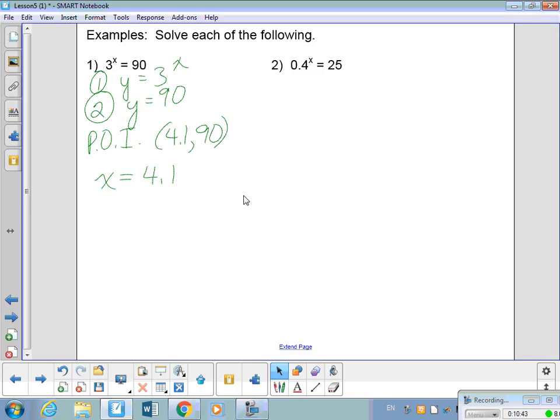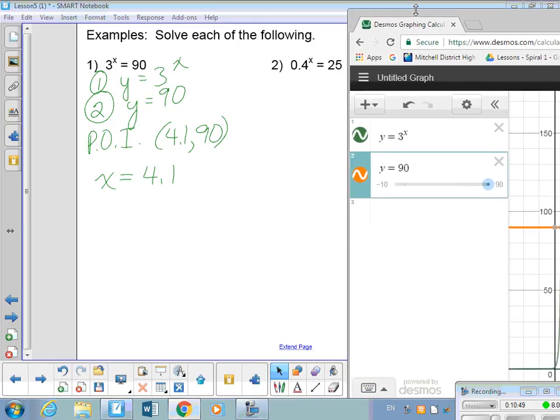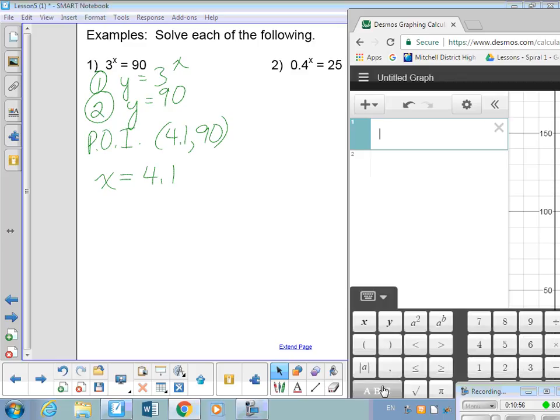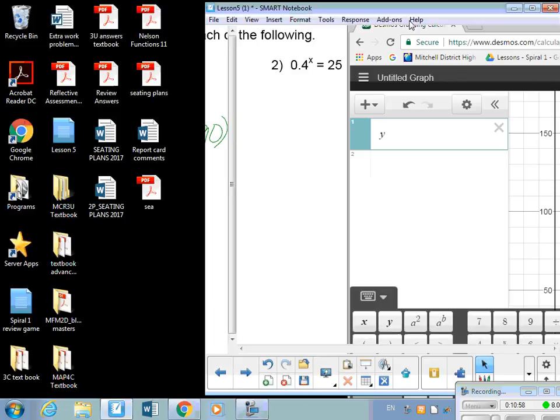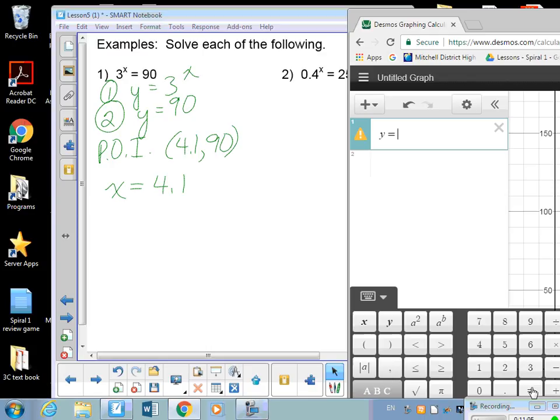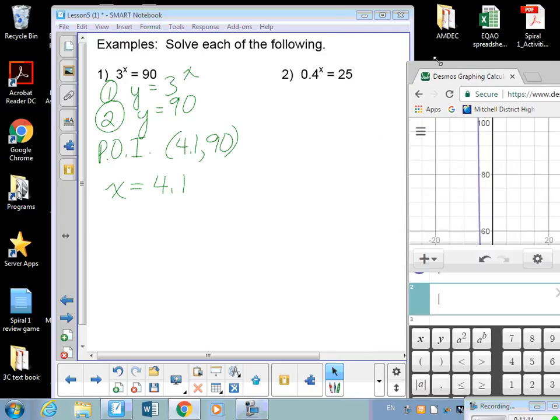Again, hopefully you're seeing that it's not really that difficult for us. I just have to put it over here in order for me to see the equations. So again, I have y equals 0.4 to the power of x, and my last one is y equals 25.